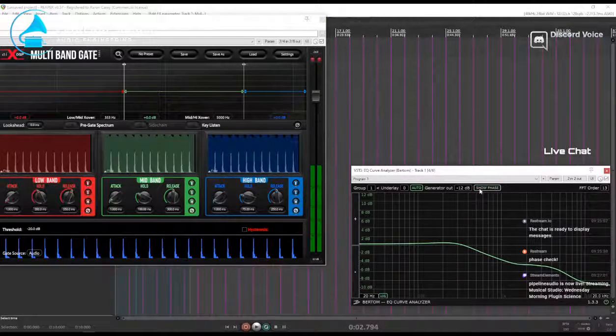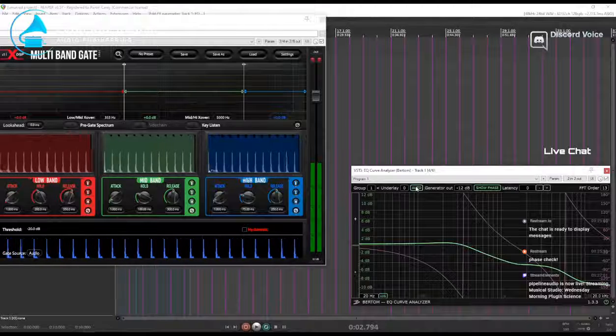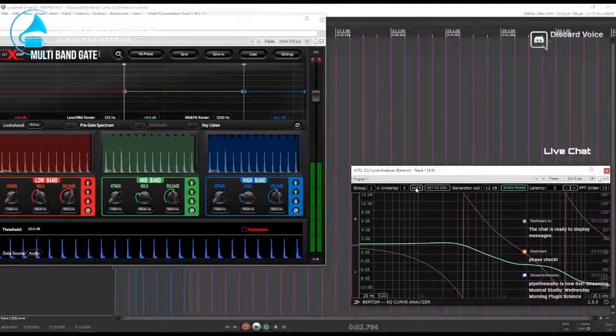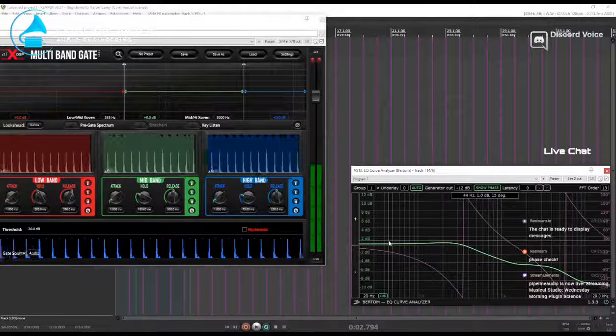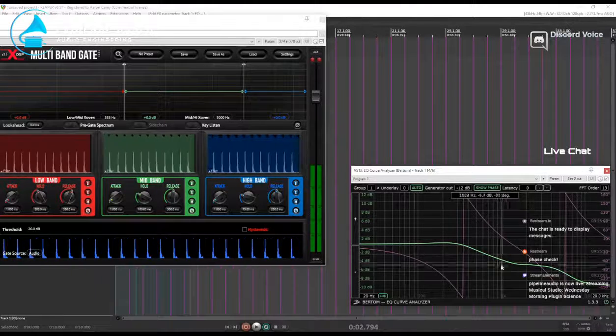And what is this? What is this green one? What is this auto? What is this green line?